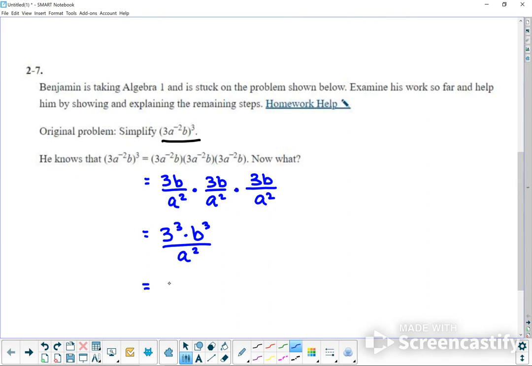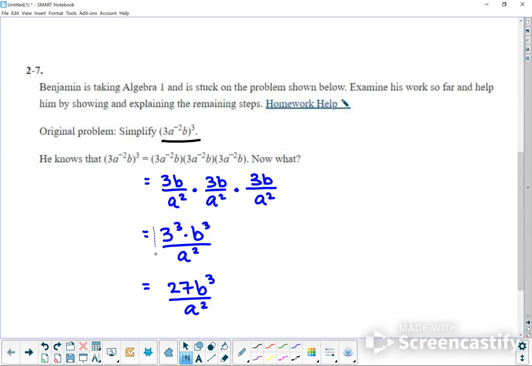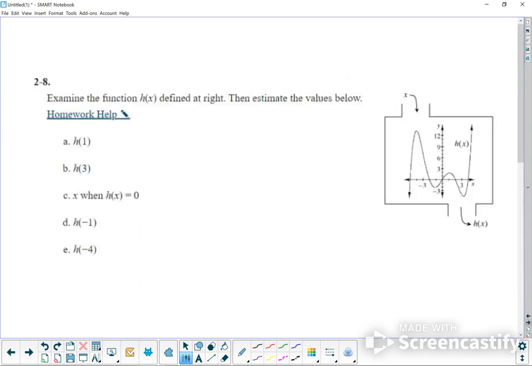So you can call this 27 b to the third over a second if you want. Okay, but either one is fine. I am okay with either one. So you can go with this one, or you can go with this one. Okay, and the last one.